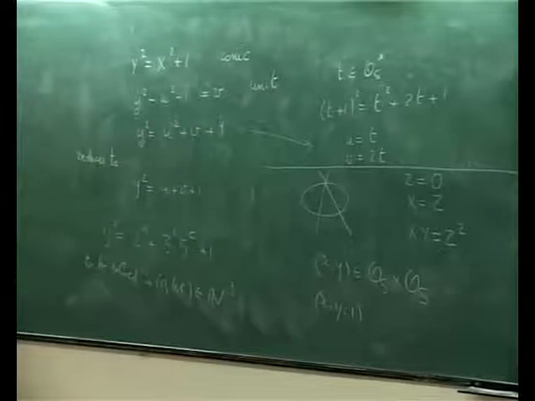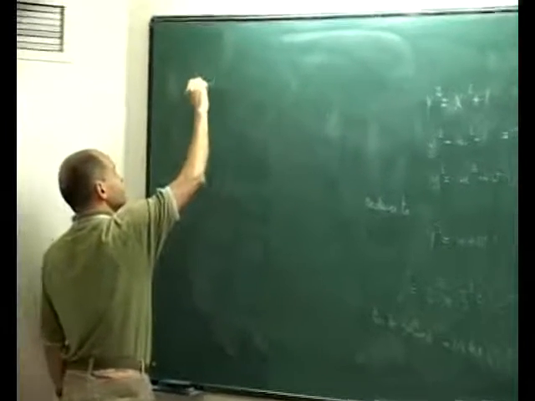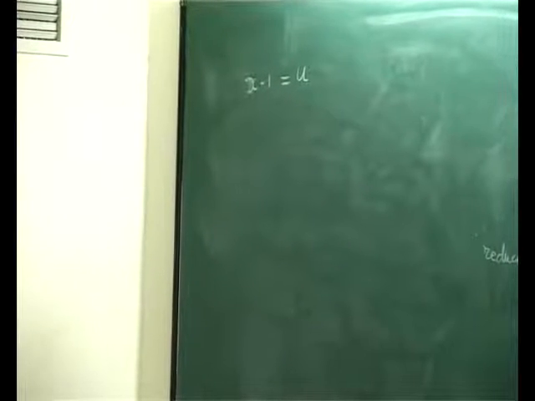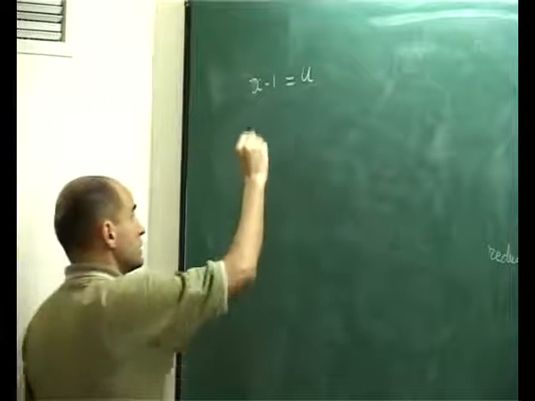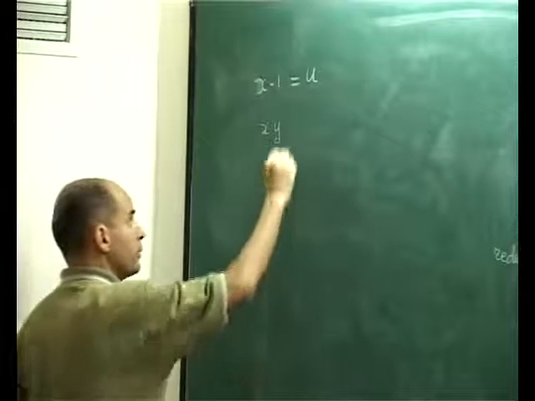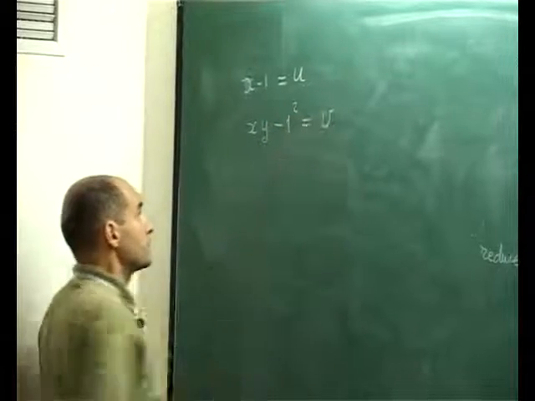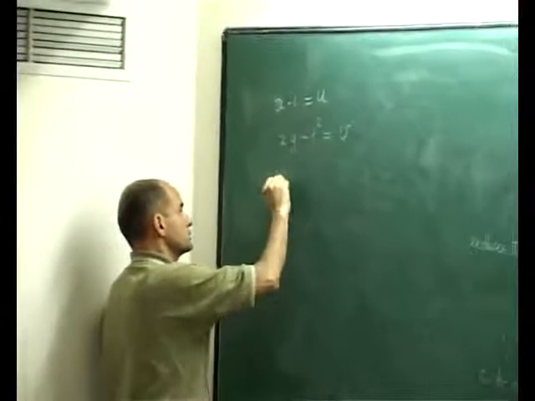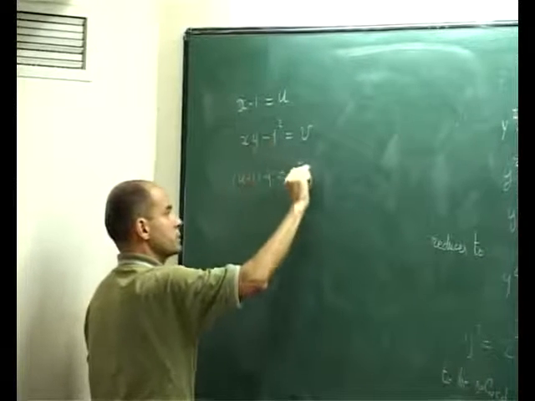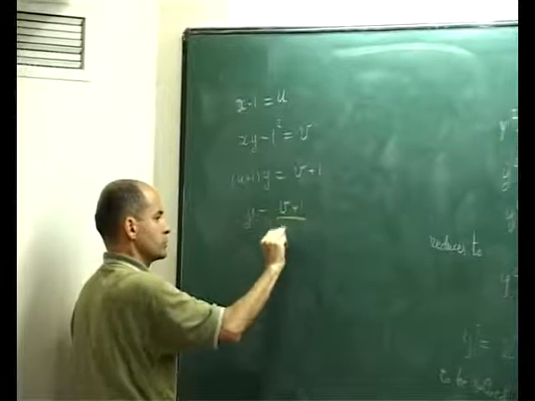So x minus 1 is a unit. And then we want that xy minus 1 squared is a unit, and x is u plus 1, so u plus 1 times y equals v plus 1.